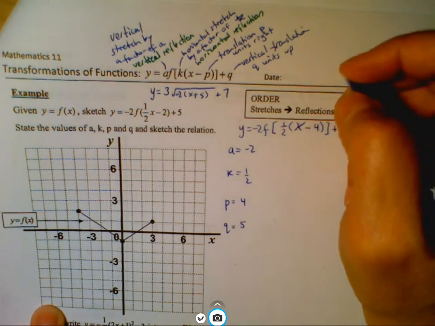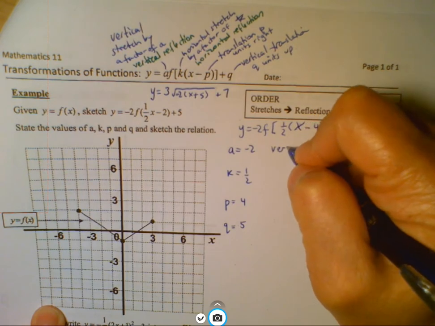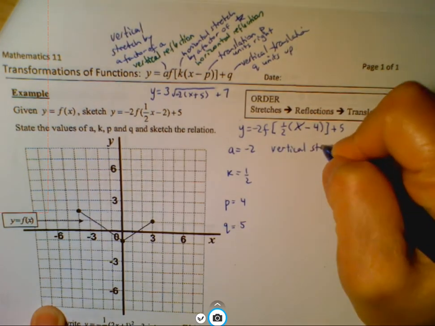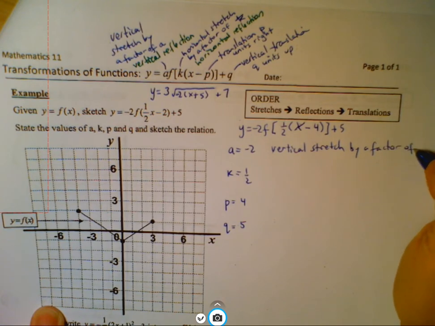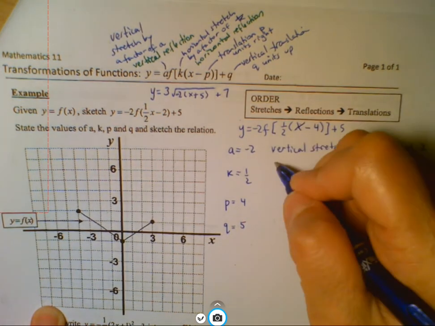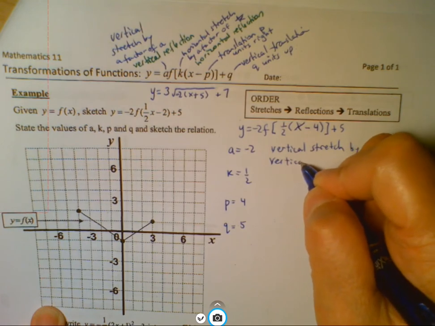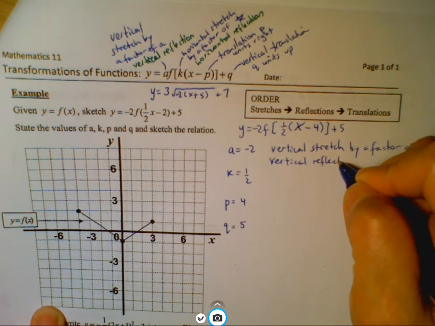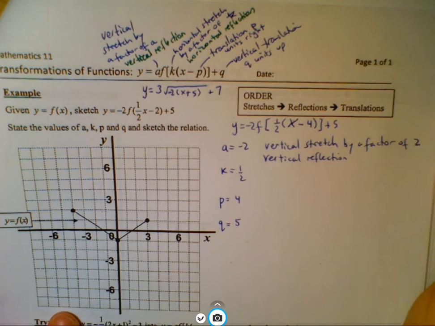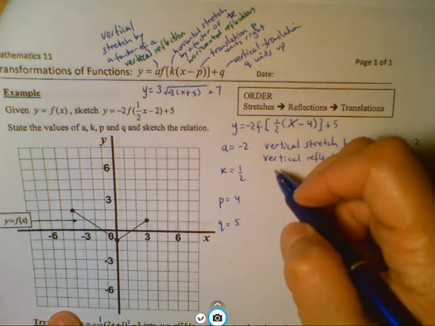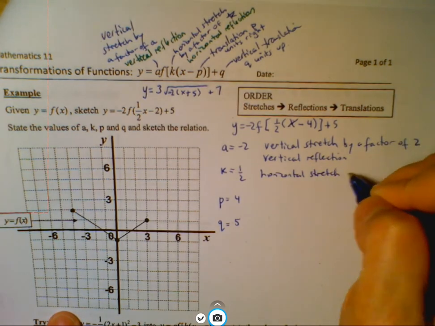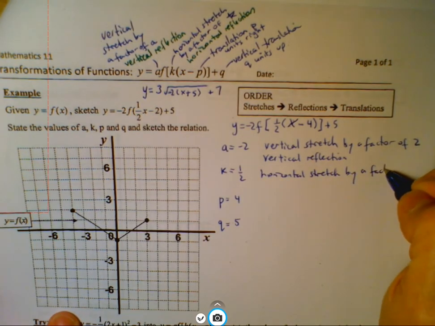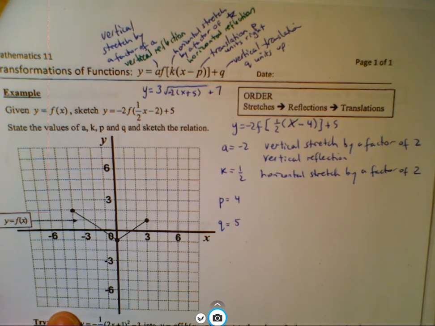So a is negative 2, that means that there is a vertical stretch by a factor of 2. And a is negative, which means there's also a vertical reflection. So that's just from a. Now k is 1/2, so that is a horizontal stretch by a factor, not of a half, but of 2, right? 1 over k.